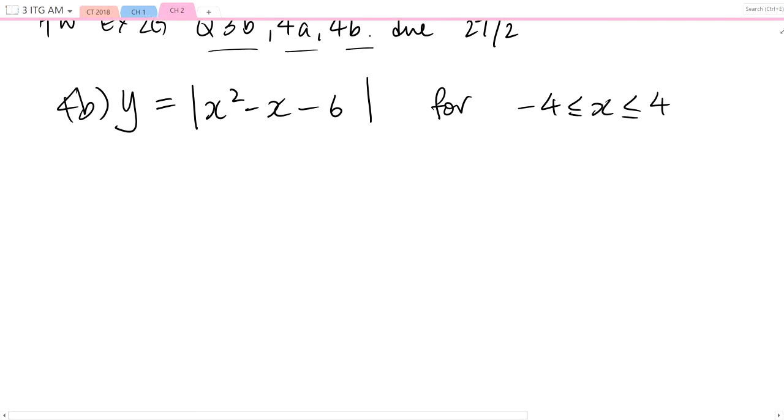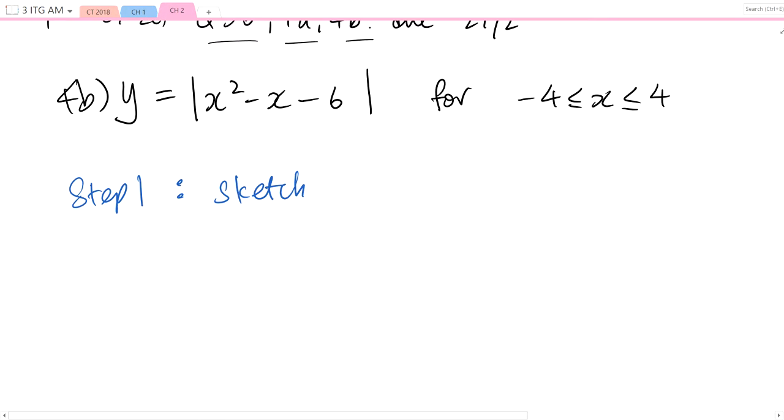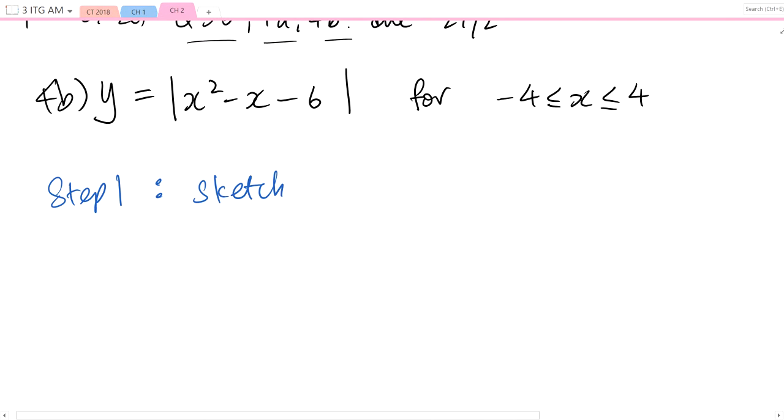Okay, so now the first step to sketching this quadratic modulus function is to sketch what? What is the first step? What do we sketch first? What should I sketch? Straight away sketch the modulus?